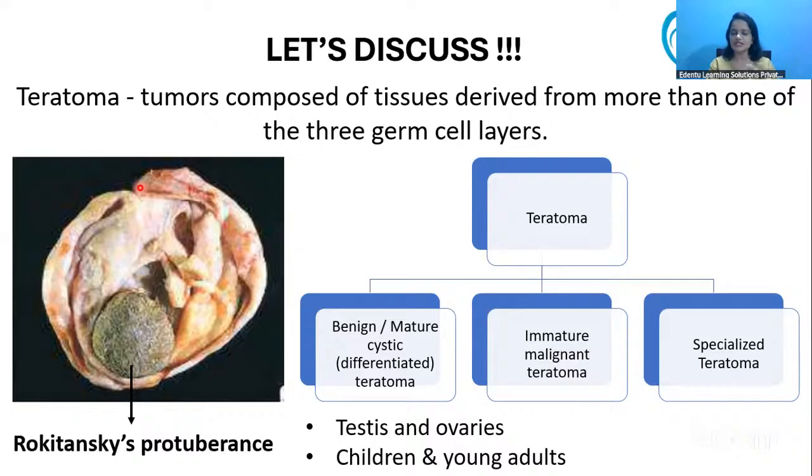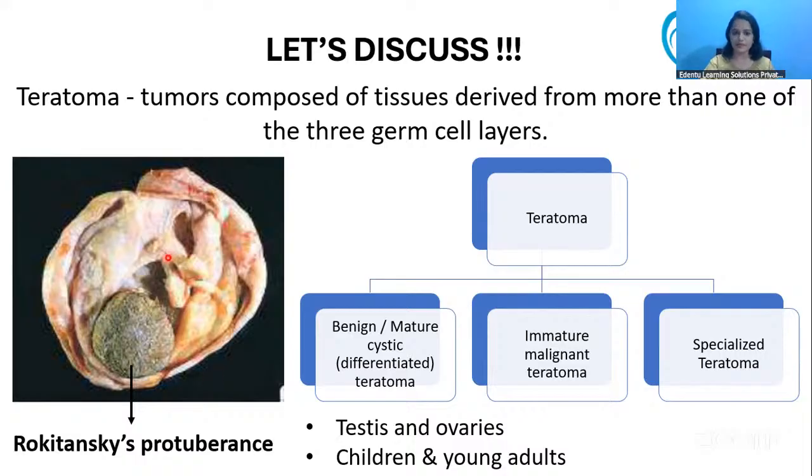Such cells are seen mainly in the testes and ovaries, and that is the most common site for teratoma formation. A ball-like tumor of cells can be seen, and it can include hair, nails, or teeth sometimes inside the ovary.